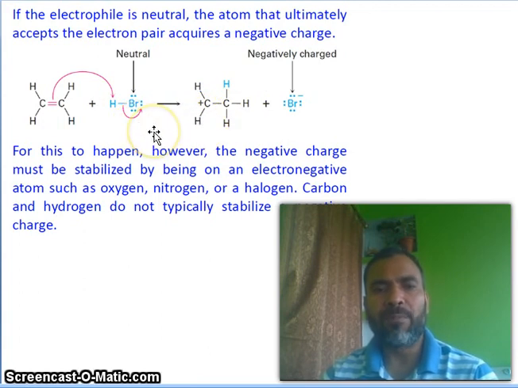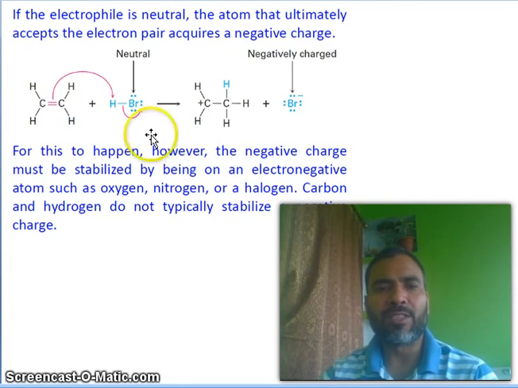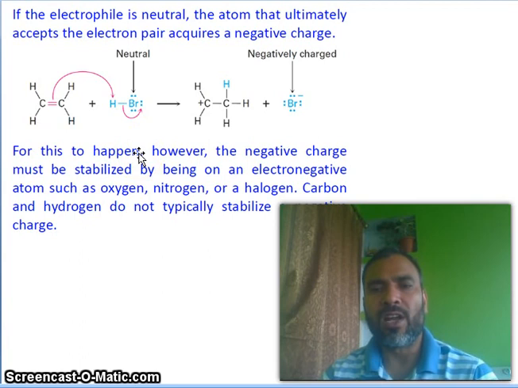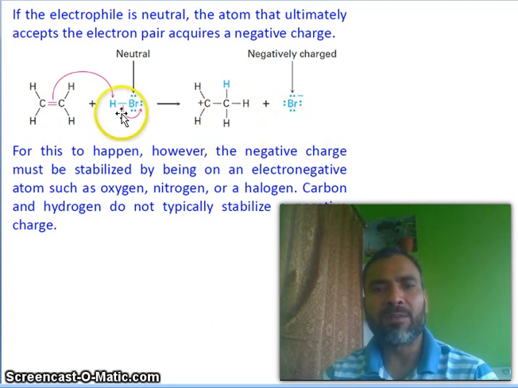For this to happen, however, the negative charge must be stabilized by being on an electronegative atom such as oxygen, nitrogen or halogen. Carbon and hydrogen do not typically stabilize a negative charge. So what will happen by this break? Because the halogen bears the negative charge, no problem, and carbon bears the positive charge.